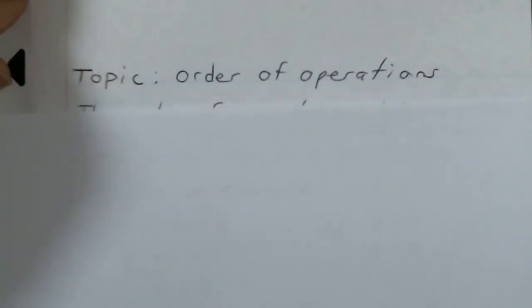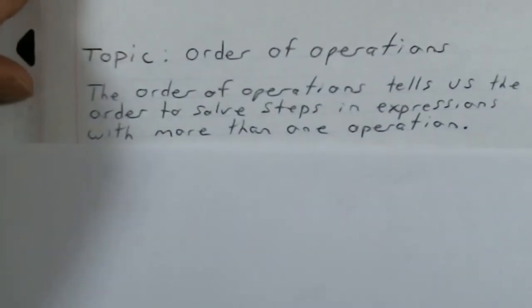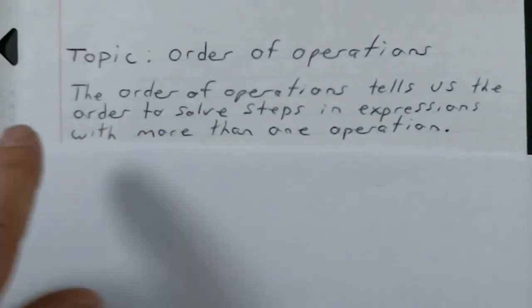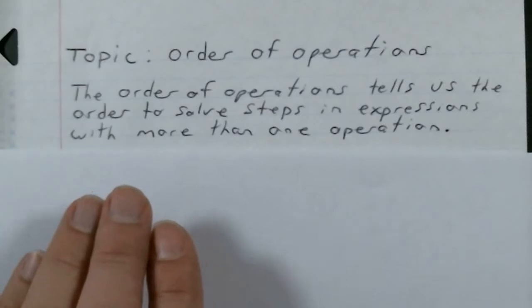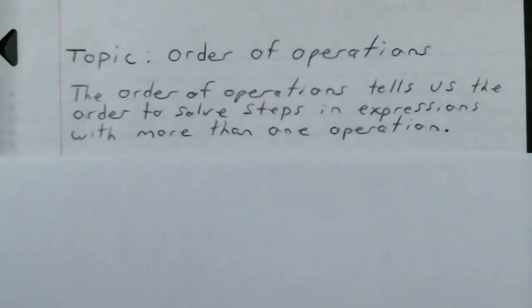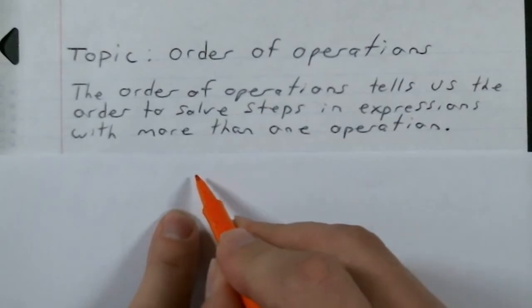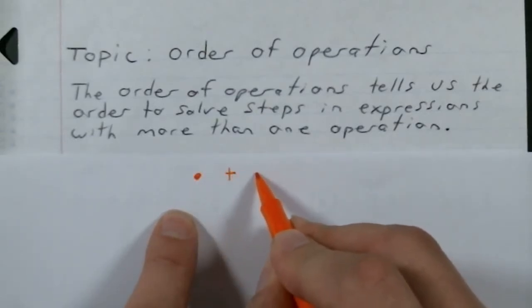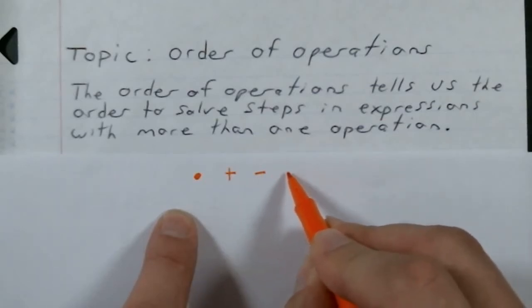So let's go. The first thing to know is that the order of operations tells us the order to solve steps in expressions with more than one operation. If you don't know what an operation is, it's multiplication, addition, subtraction, and division.